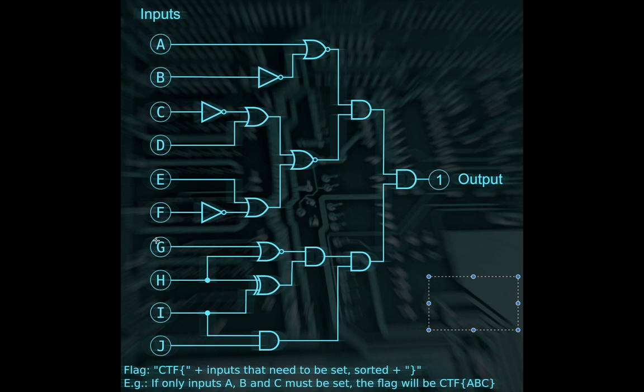Right, now let's come to this. Both of these should be 1, both of these should be 1. For this to be 1, both of these should be 0. So G is 0 for sure. H is also 0. If H is 0, and I don't know what that one is, this is probably an OR gate with something.